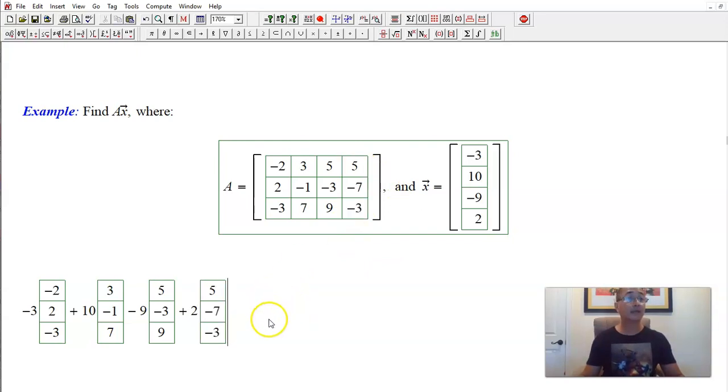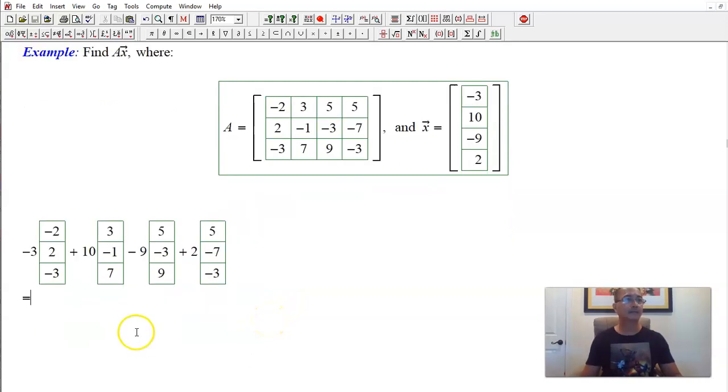Okay, so that is our setup, and now we're going to do the arithmetic. I hope we don't make any mistakes here. Let's see, so -3 times this vector, we will get +6, -6, and +9. Next we have 10 times this vector.